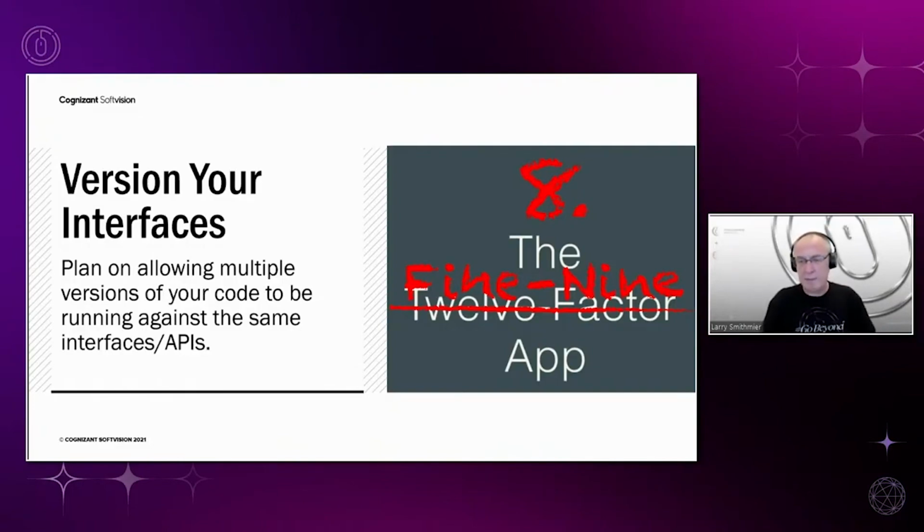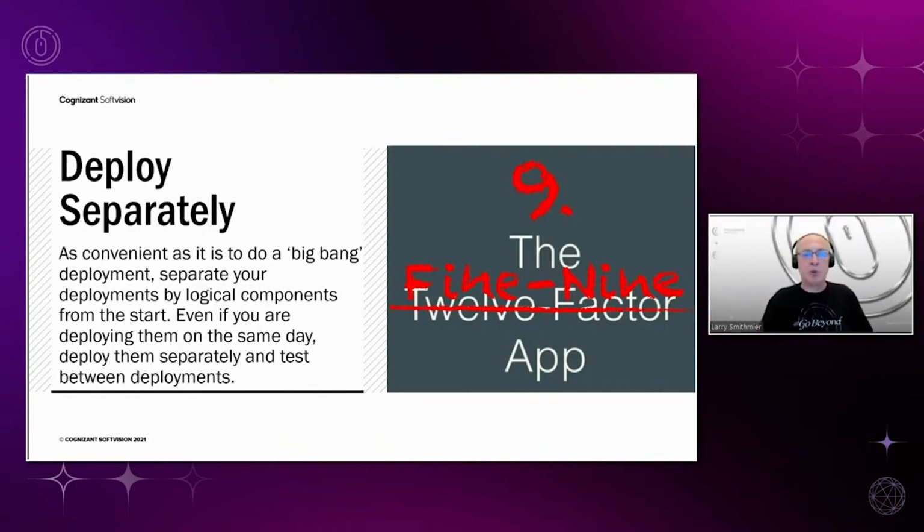And the last thing is deploy separately from day one. It's always convenient to deploy all of your software at one time, but if on day one you start that because it's convenient, then by the end of week 18, it's the only way you're able to deploy your software.